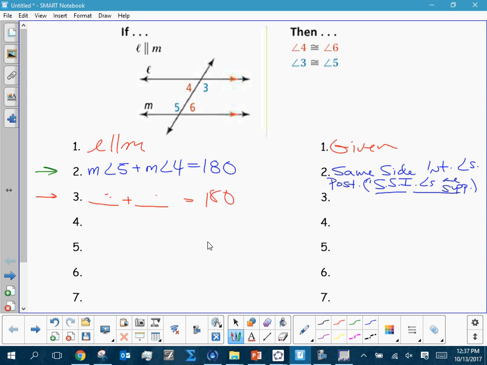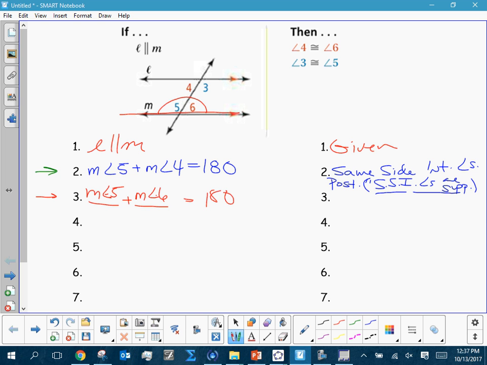Is there another relationship with angle 5 that we could add it to something else to get 180? What angle could I add to 5 to get 180? 3. Careful. 6. 5 and 6, because we can visually look at that, and they create line M, right?